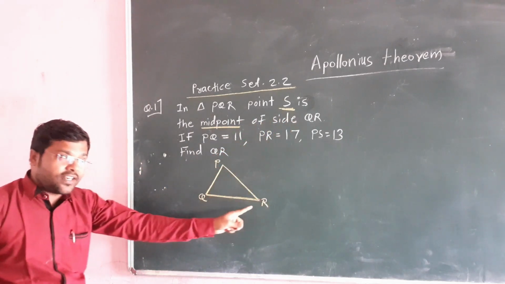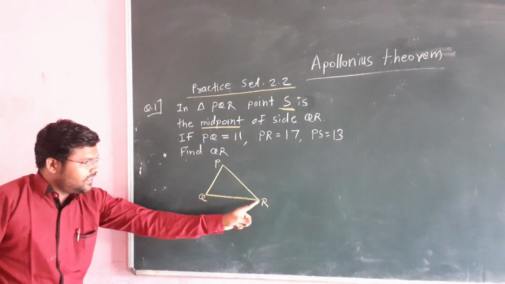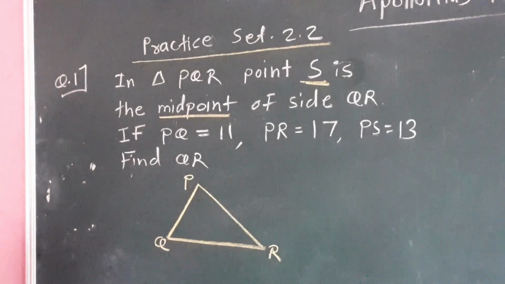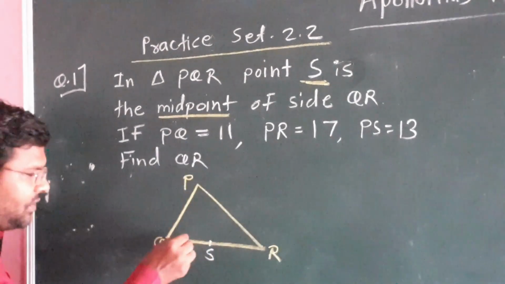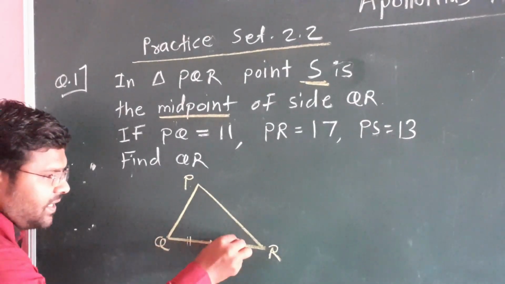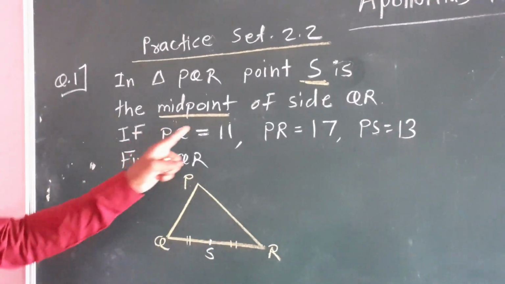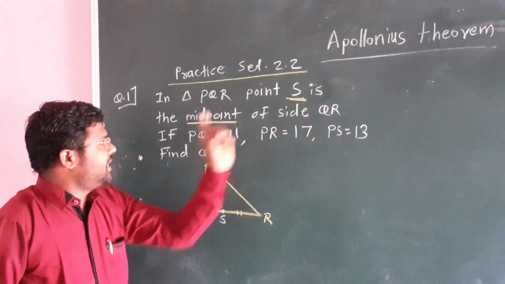So I draw here triangle PQR. Point S is the midpoint of side QR. Where is QR? This side is QR. So S is midpoint, so here QS is equal to SR.